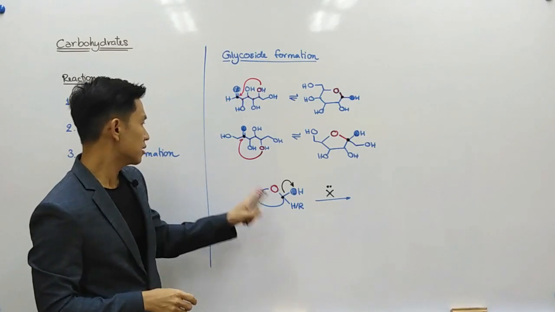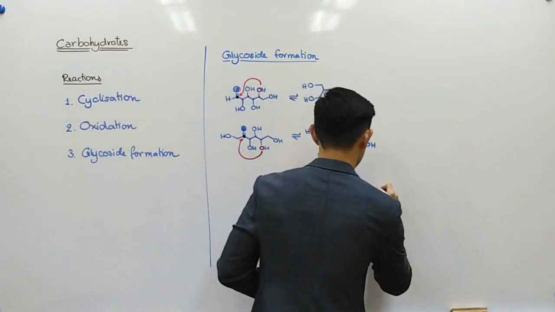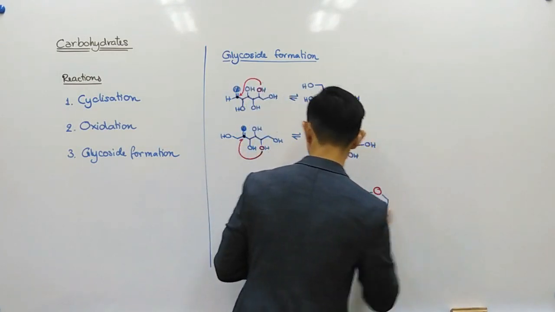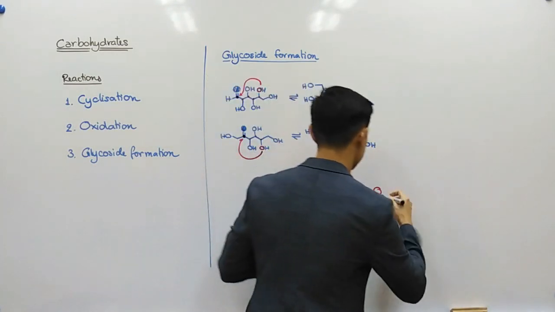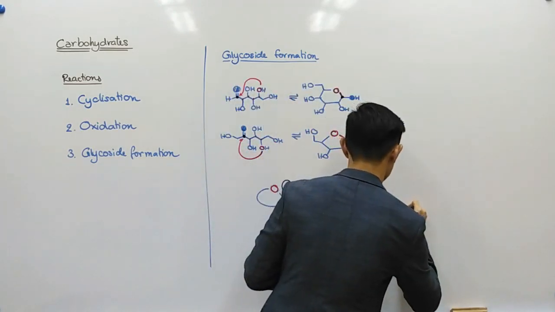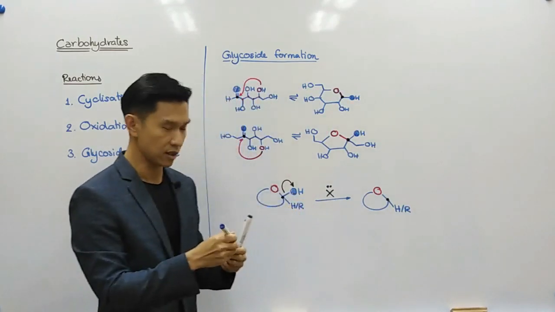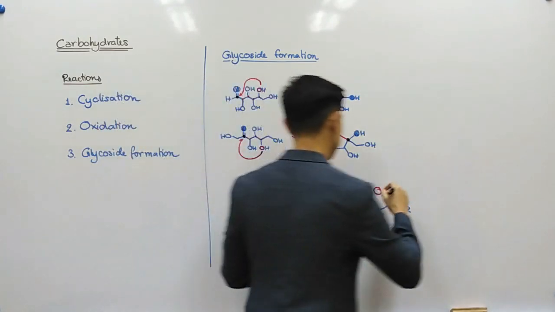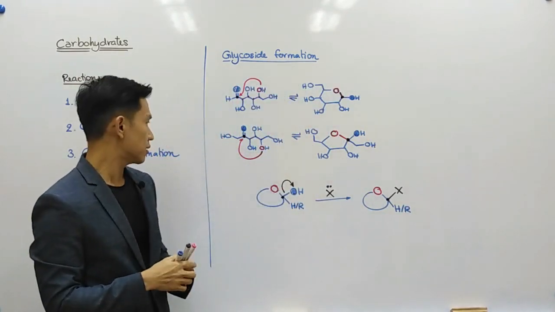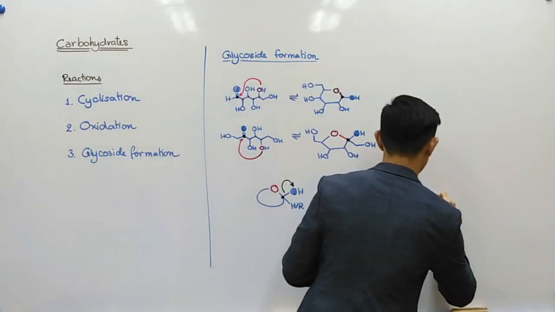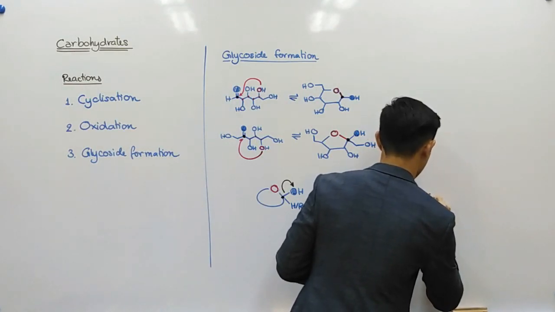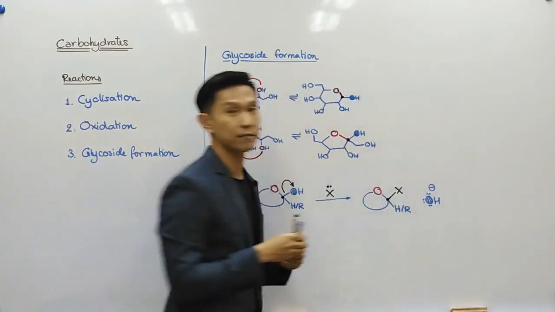Okay? So the product from this kind of substitution, everything is exactly the same except the OH over here is substituted with the X. You have X here inside as the product. So OH is released as a hydroxide, for example.